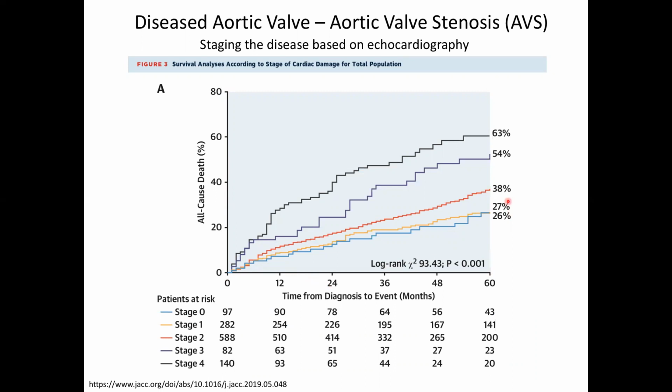So basically you can bucket these two together and say, well, you got about a 1 in 4 chance of dying in the next 5 years. And you bucket these two together up here, and you got a greater than 50-50 chance of dying.